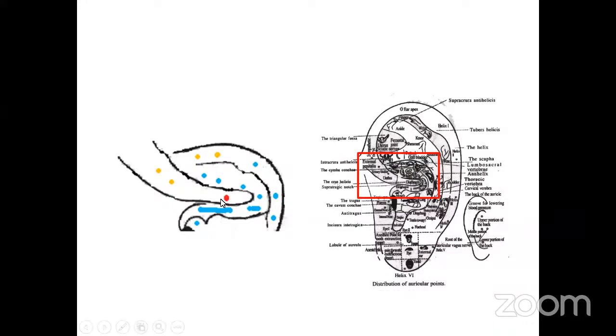So this red dot that I have shown represents the diaphragm, and below this we said the pharynx was on the inner surface. The mouth and the gut will go and curve around the crus of the helix. So the entire gut will be curving around like this. Is that clear?